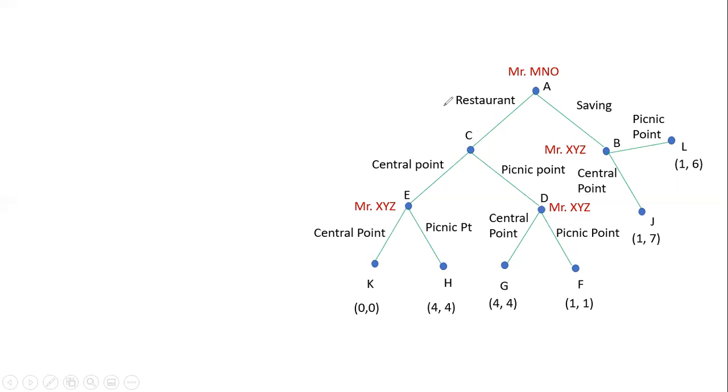Similarly, the node L can be read as: if Mr. MNO decided to put his amount in a saving account and Mr. XYZ decided to open a restaurant at Picnic Point, then the payoff received by Mr. MNO will be 1 unit and the payoff received by Mr. XYZ will be 6.